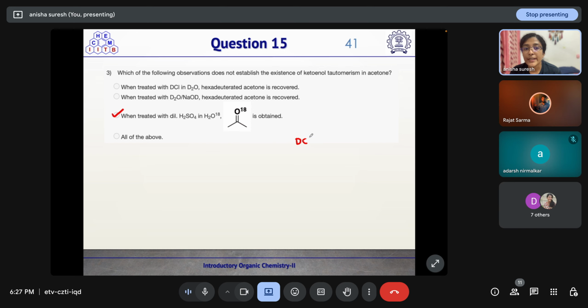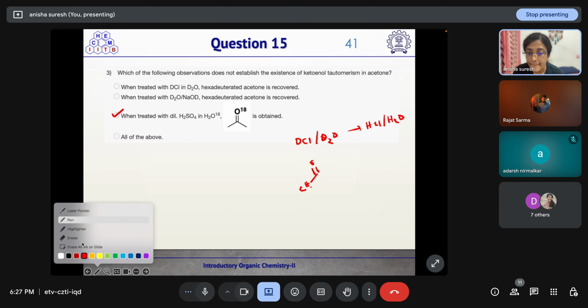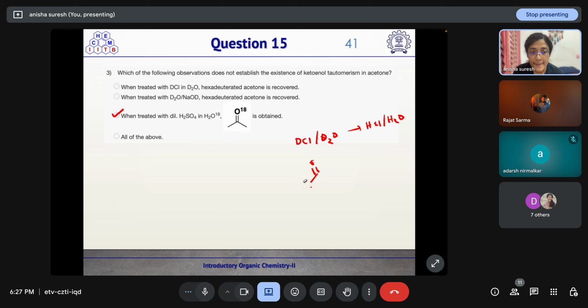Okay, ma'am. So in DCl/D2O, it will result in formation of enol, right? DCl/D2O is identical to HCl/H2O condition. Yes, ma'am. So if we are having acetone in DCl/D2O, what will happen?